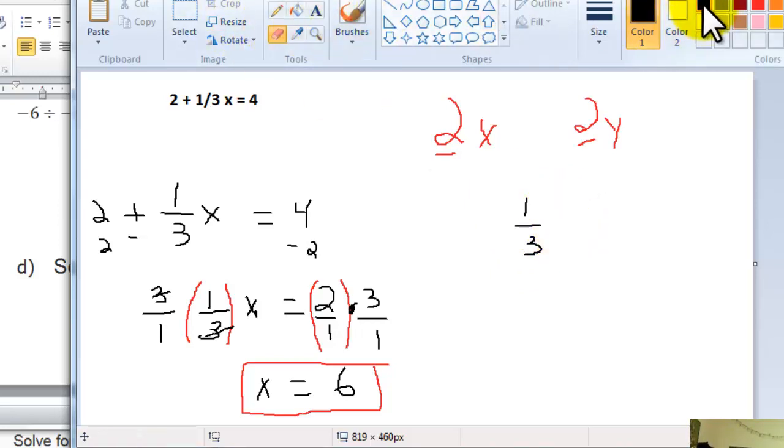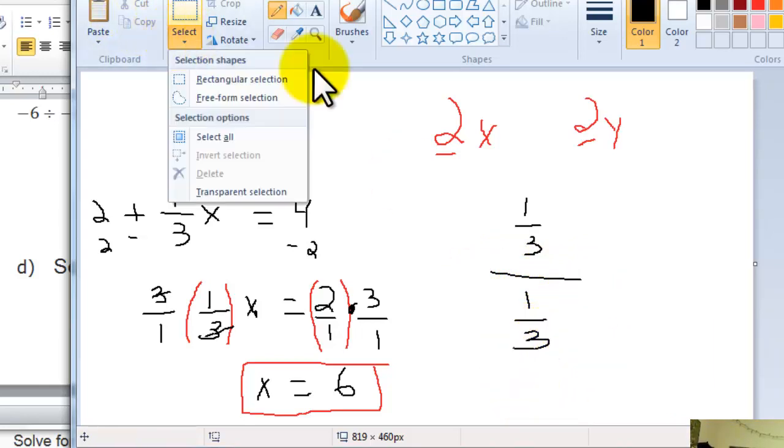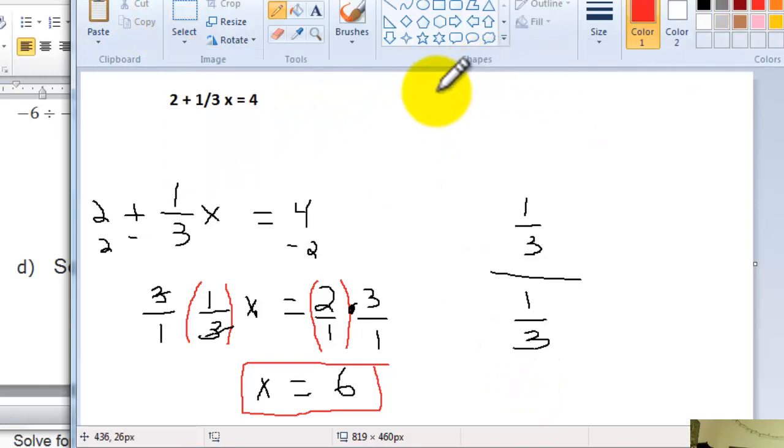it's the same thing as dividing 1/3 by 1/3. Remember, when you divide fractions, and I'm running out of room, 1/3, and this is a division, this line, so that's divided by, whether I write it as a vertical division or a horizontal division, it's both the same.